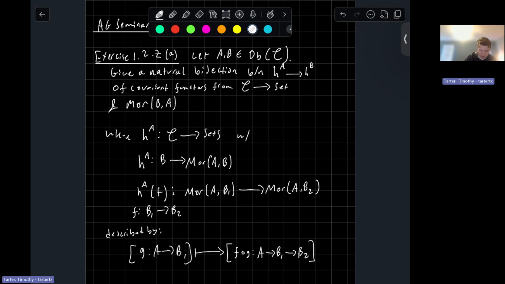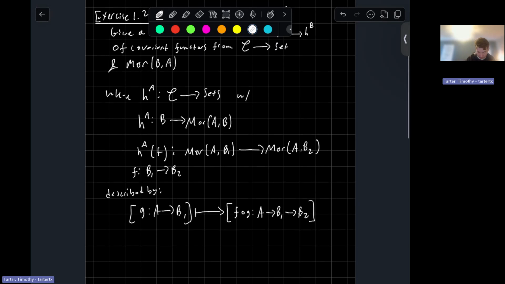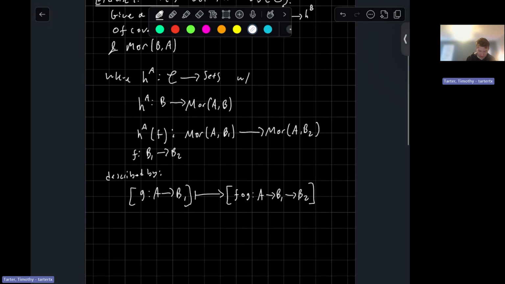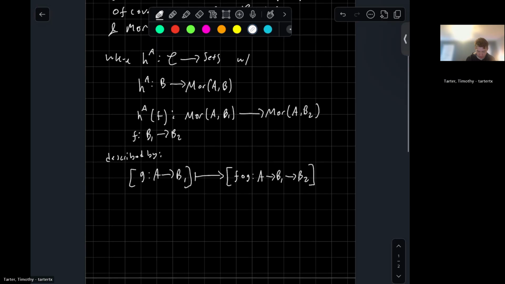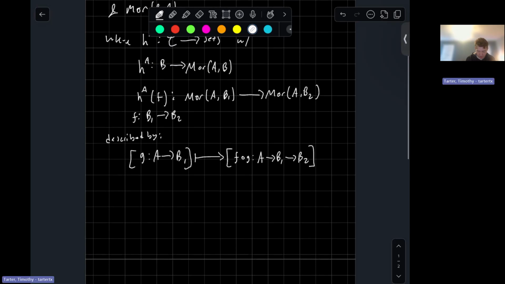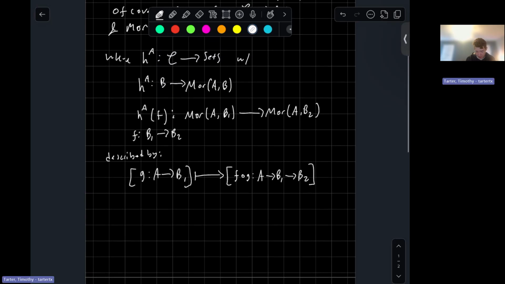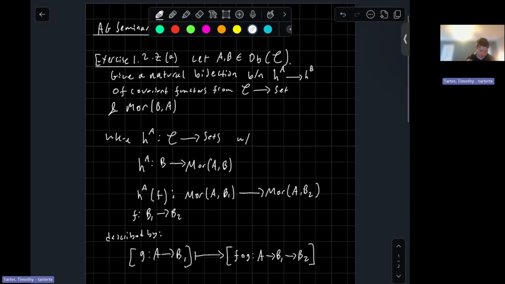If you have two objects in the same category, then the representable functor h^A gets sent to the same class of morphisms. And alternatively, their subcategory of functors also does the same thing.